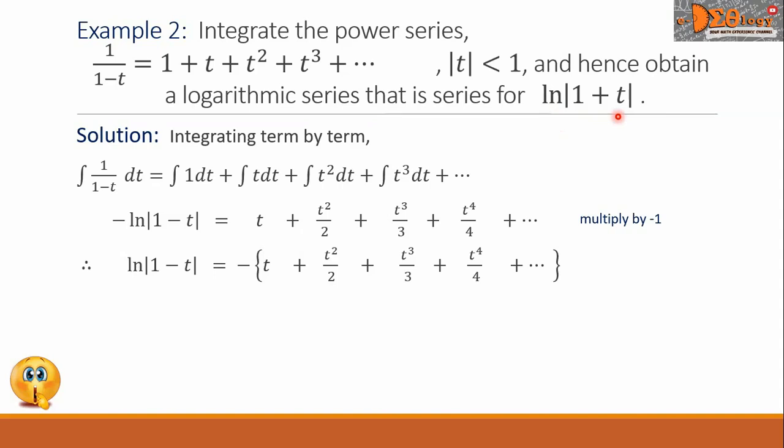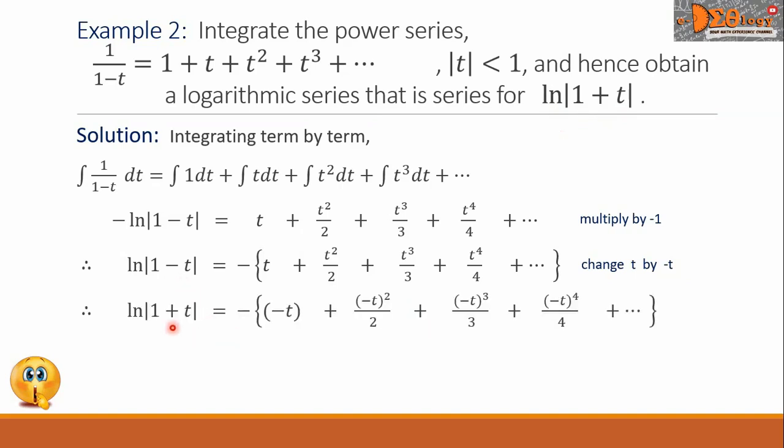What we're going to do is change t to negative t. So this negative t becomes positive t. The left side becomes ln of the absolute value of 1 plus t equals, for the right side, all t will now be changed into negative t.